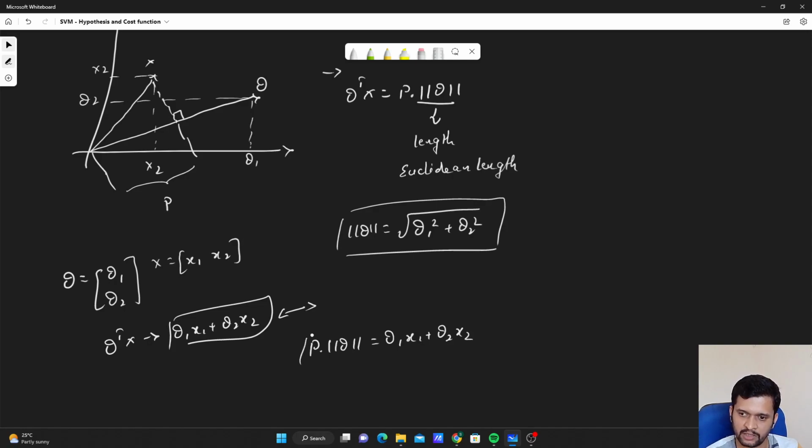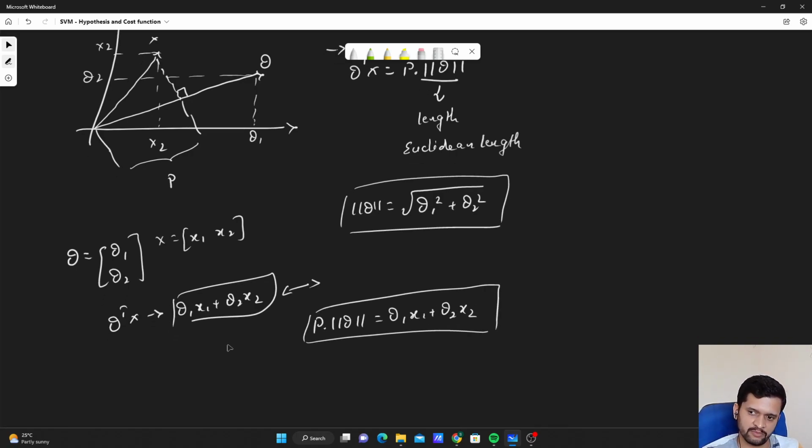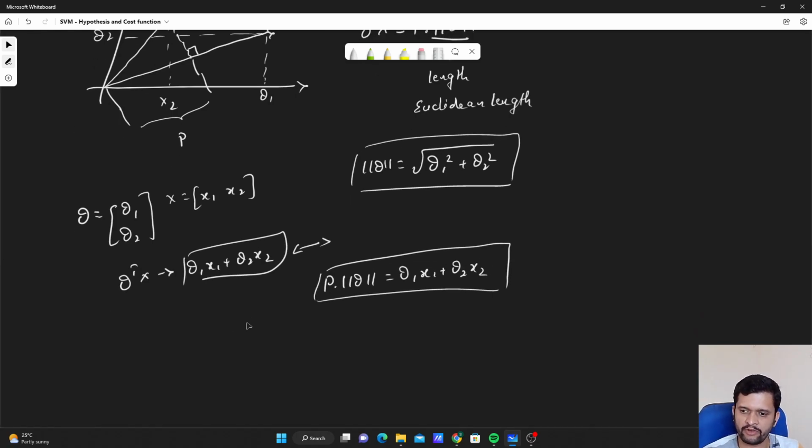These both are one and the same. We do not need to go into the in-depth mathematical proof, you can just take my word for it. If we accept that P, the length of the projection of x on theta, multiplied by the norm of theta, is equal to theta transpose x, that is theta 1 x1 plus theta 2 x2.